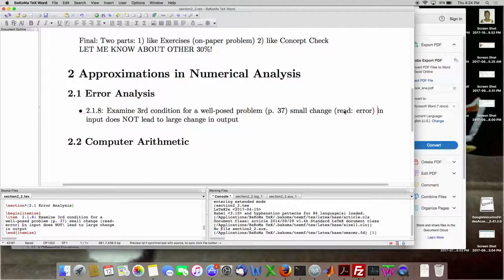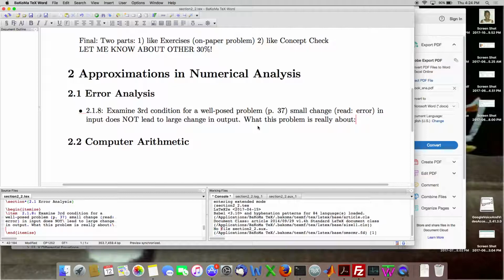There's an example in this section involving linear systems, which will be a big topic for next semester, where a small change in a problem does lead to a very large change in a solution. Unfortunately, it can happen. So what I'm going to explain is what this problem is really about.